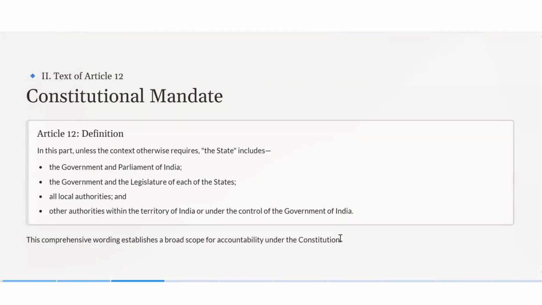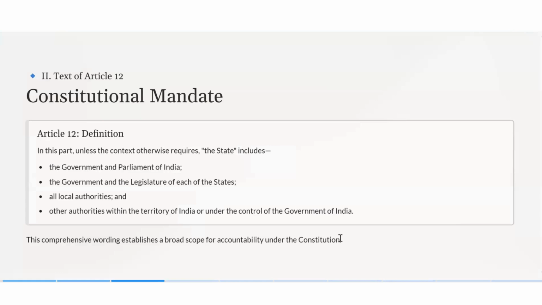Article 12 defines state. In this part, unless the context otherwise requires, state includes the Government and Parliament of India, meaning the union government, sometimes we call it central government, the government and the legislature of each state, which we call in Hindi Vidhan Sabha, all local authorities which have some control by the government, and other authorities within the territory of India or under the control of the Government of India, meaning thereby it is not an exhaustive definition given by Article 12.